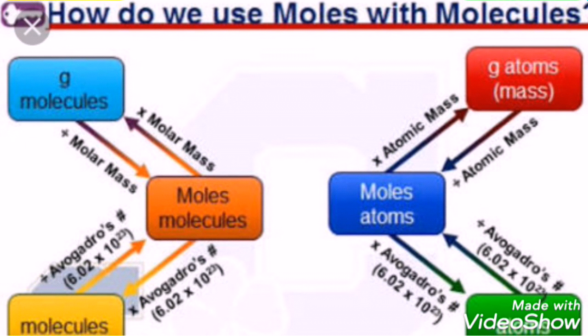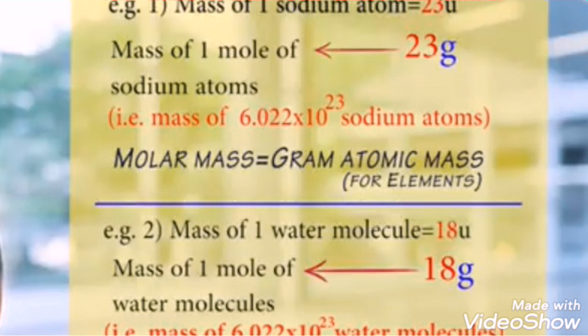If a molecule numerical is given, then you have to calculate the molecular mass, whereas for atoms you have to calculate the atomic mass, but the pattern is similar in both cases. If you have to convert number of moles of atoms into atoms, then you have to multiply by Avogadro's number. So everything is given to you in a clear form.